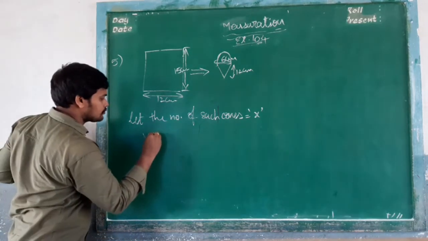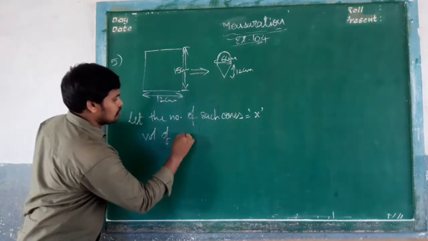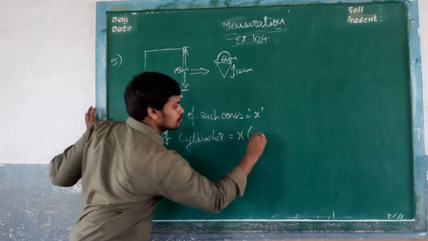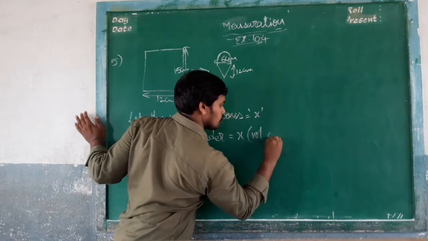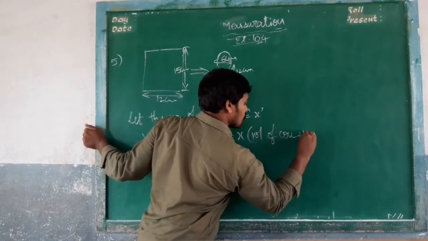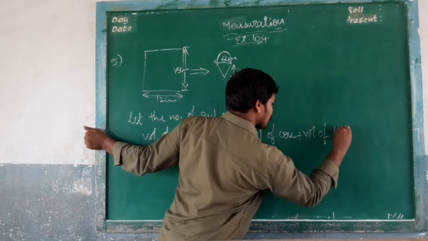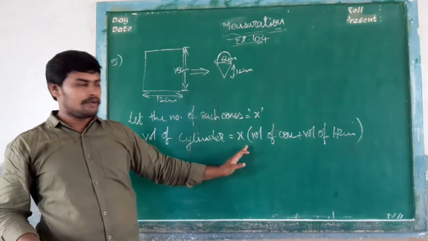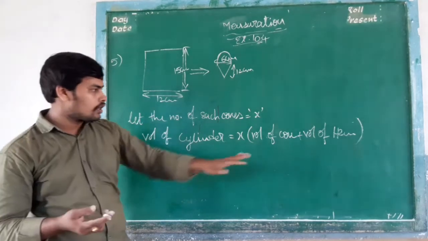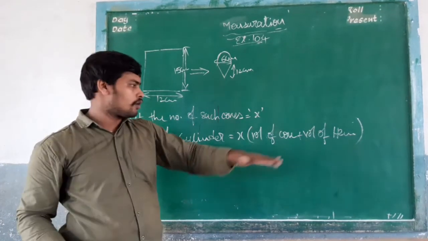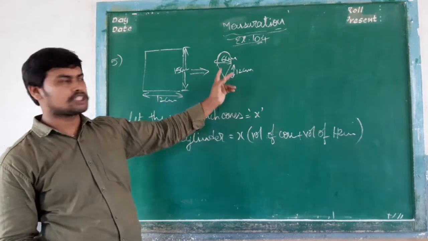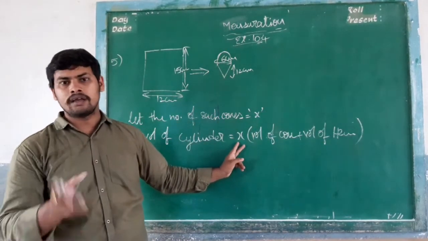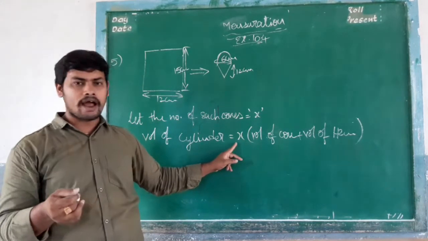Volume of cylinder equals x into (volume of cone plus volume of hemisphere). The ice cream is the combination of cone plus hemisphere, and we don't know how many such cones there are, so we multiply by x.